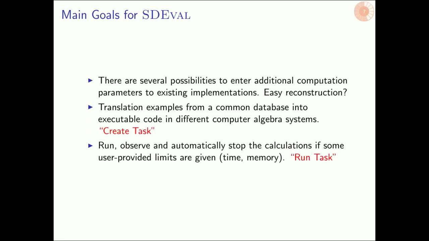So this is basically dividing the whole problem into two sub-problems, which are pretty much distinct from each other. There's what we call the create task. We refer to this collection of examples and computer algebra systems as a task. So you create, you translate, and you specify which computer algebra systems you want, and several other parameters that you want to be set.